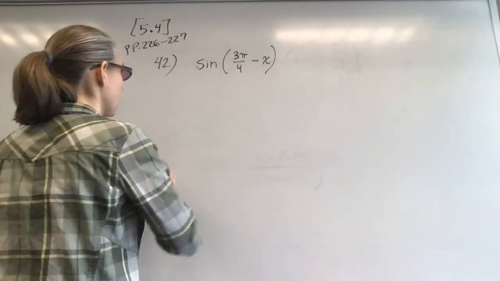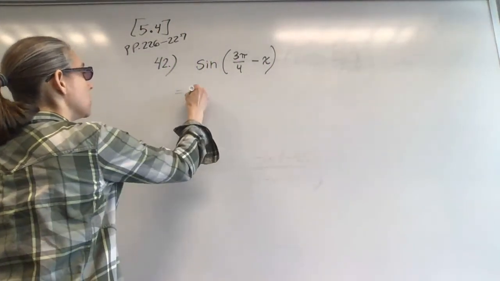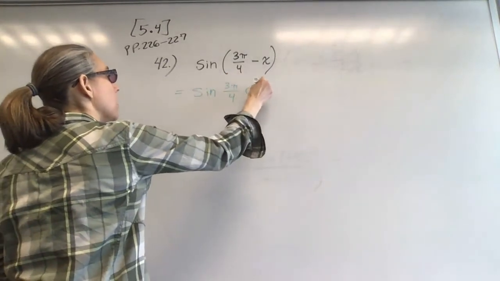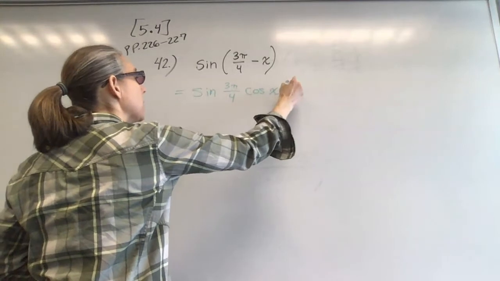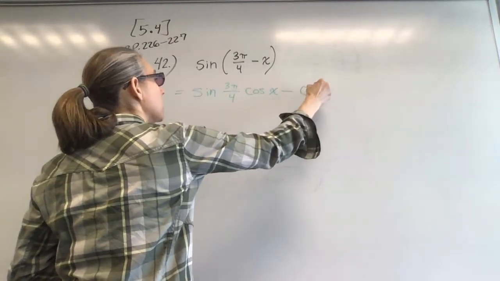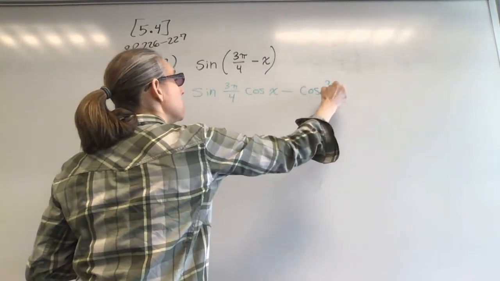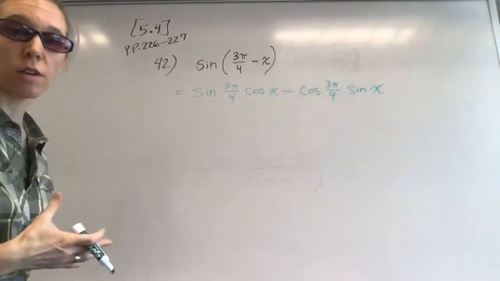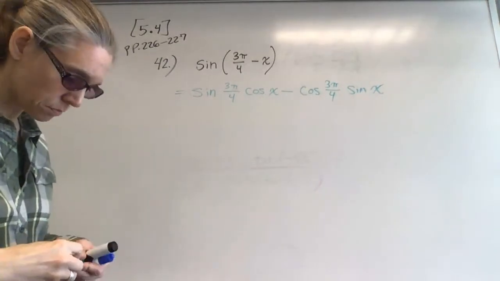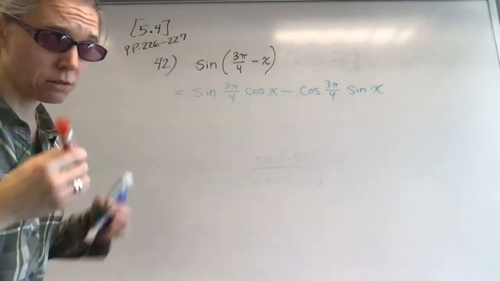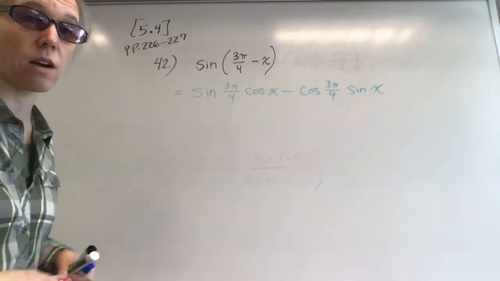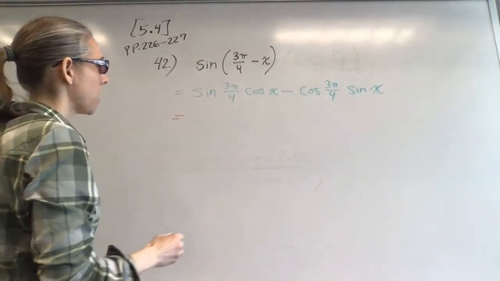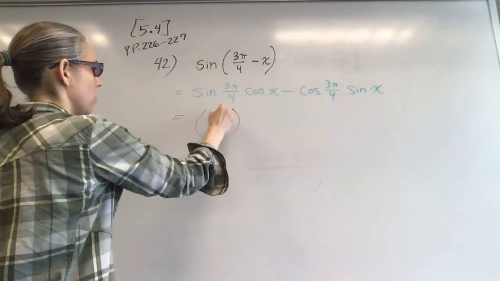So here we have sine cos minus cos sine. After enough use, you might memorize these. Of course, you get your notes, you get the back of the book, all of that on your quizzes and tests, so that's nice. The sine of 3 pi fourths is root 2 over 2.